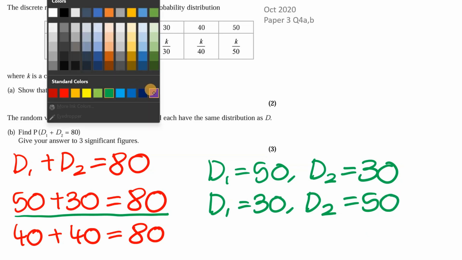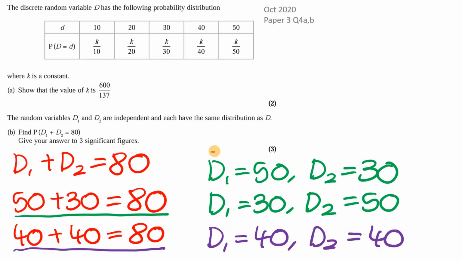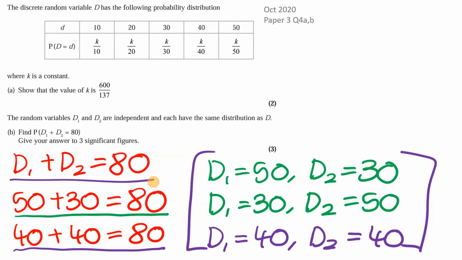Okay, now if we look at this one here, there is only one possibility, because d1 has to be 40 and d2 has to be 40. So there are three possibilities for when d1 plus d2 is equal to 80.